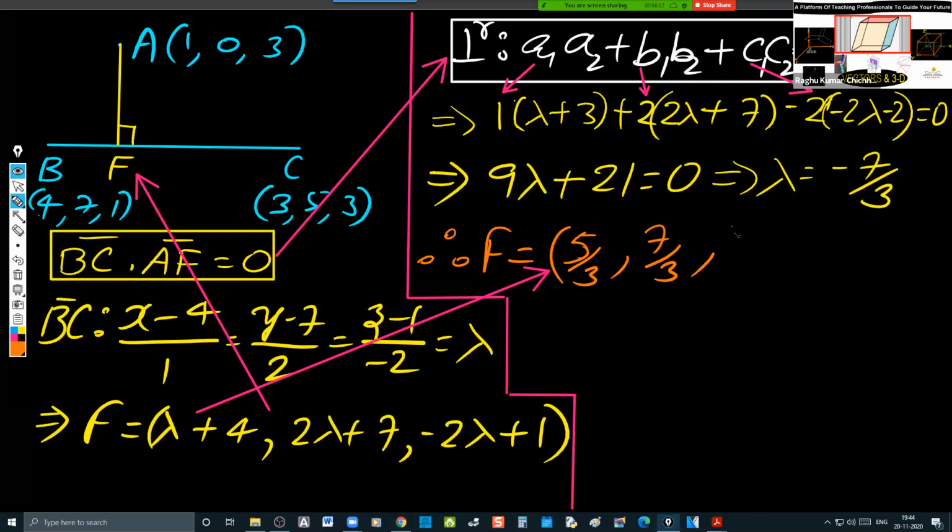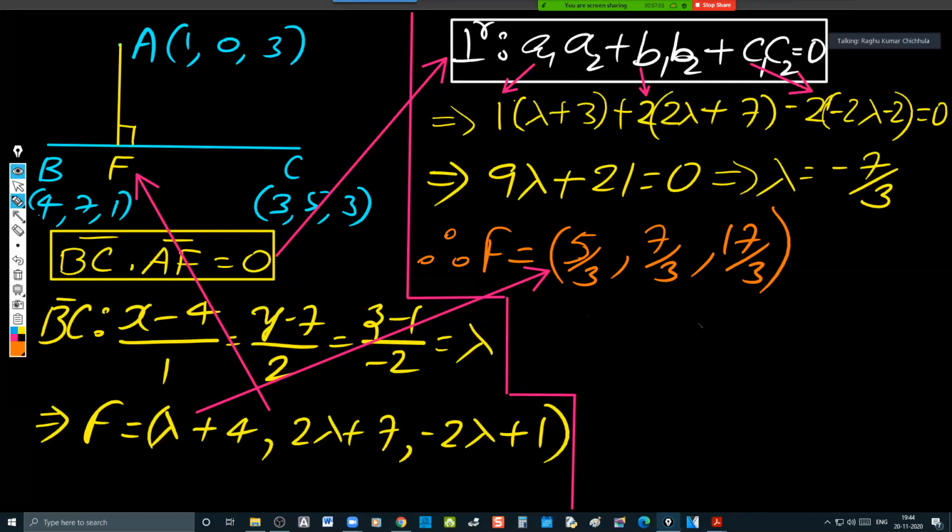Just substitute the value of lambda in the equation of the foot of the perpendicular. Just check whether it is correct or not, Kaushik.